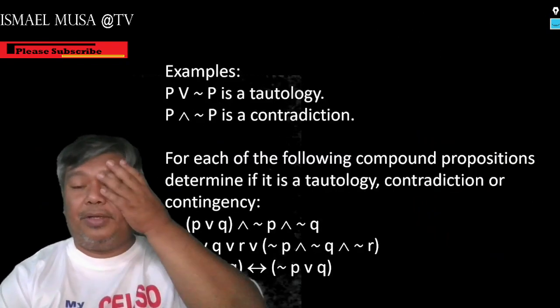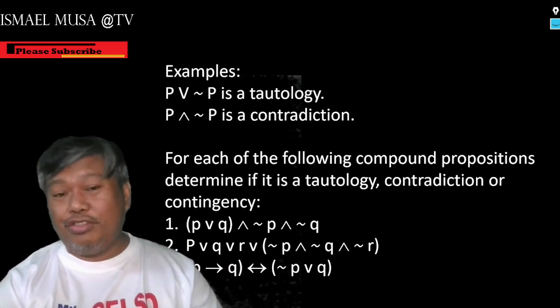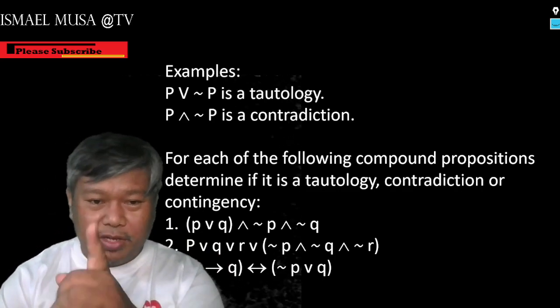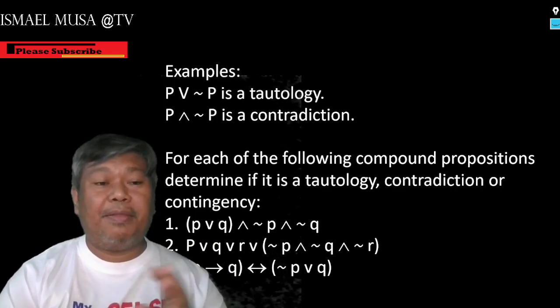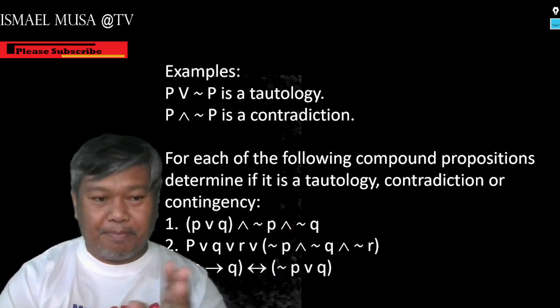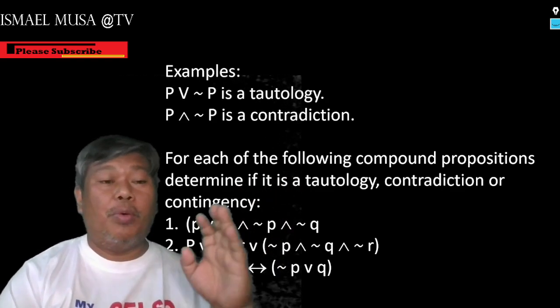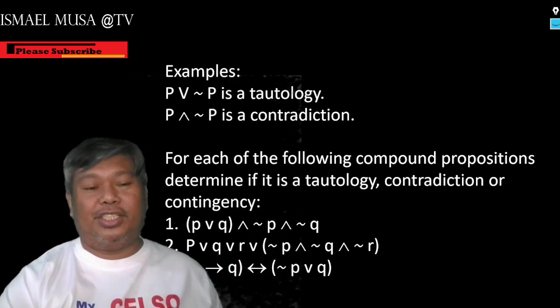Now, an example. P or not P is a tautology. I will show you using a truth table. P and not P is a contradiction. So P or not P is a tautology, while P and not P is a contradiction.